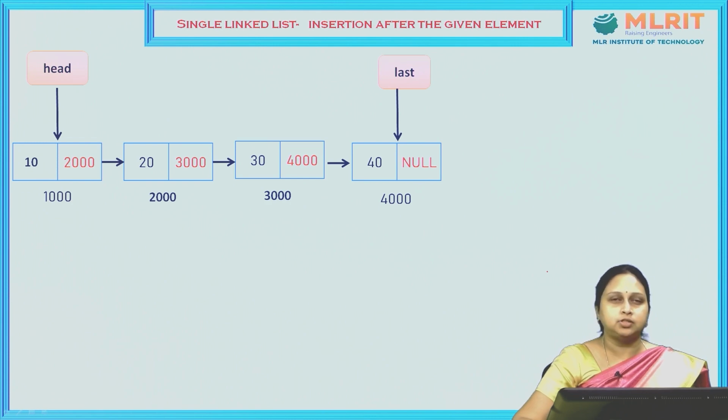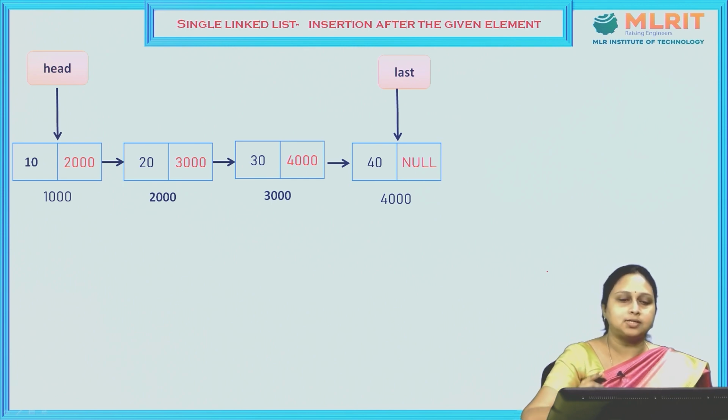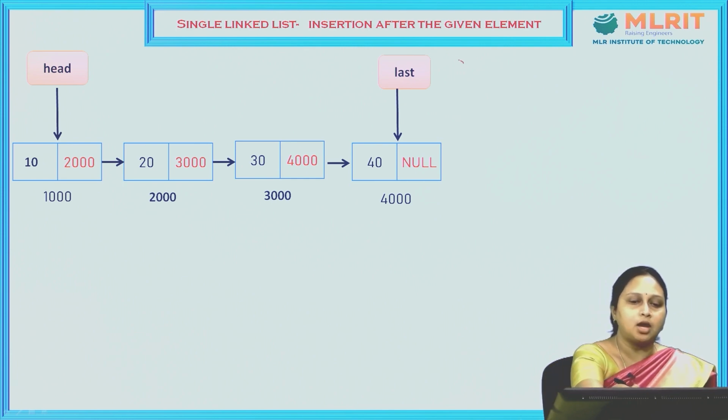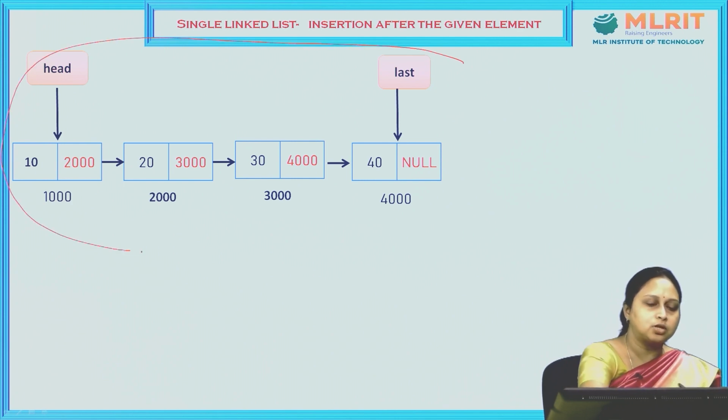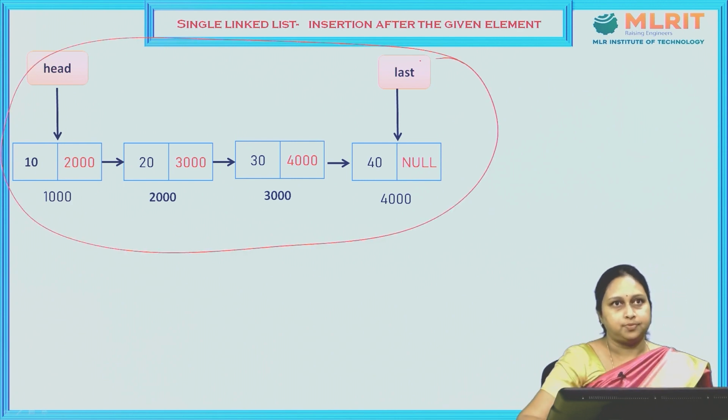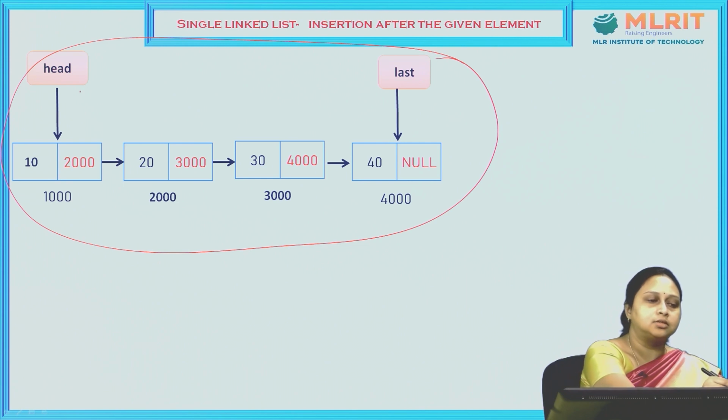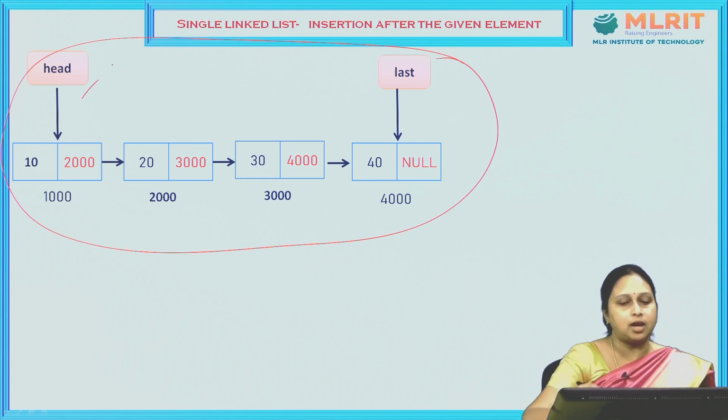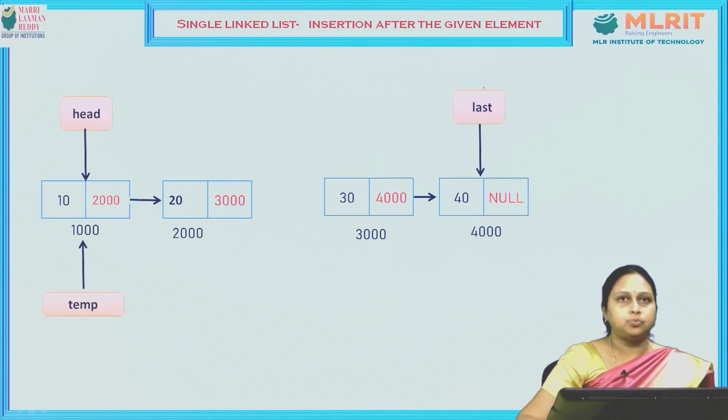The next one which we are going to see is insertion after the given element. Now consider the same situation where we have a single linked list with 4 nodes, which refers to the first as the head node and last as the last node. Now how are we going to perform the insertion of an element after the given element?